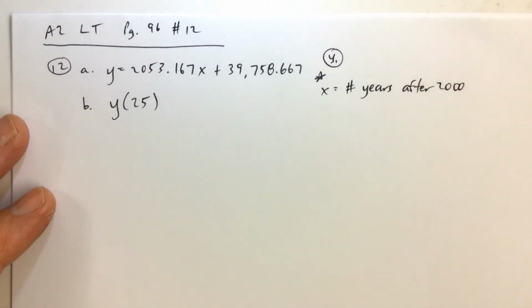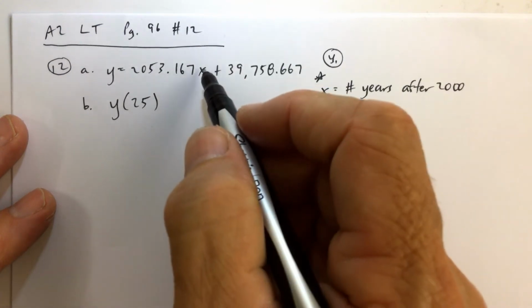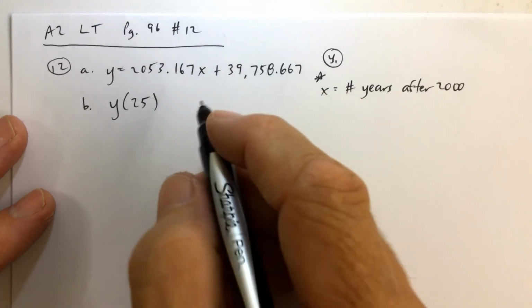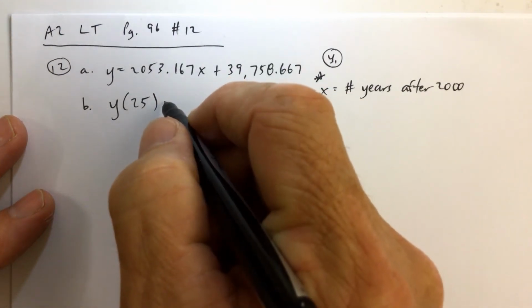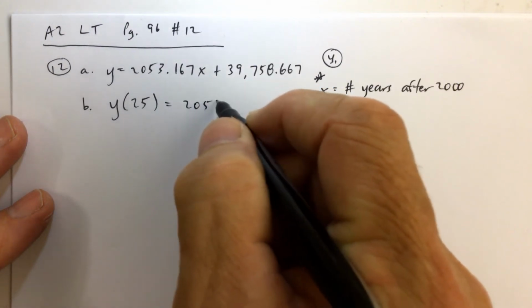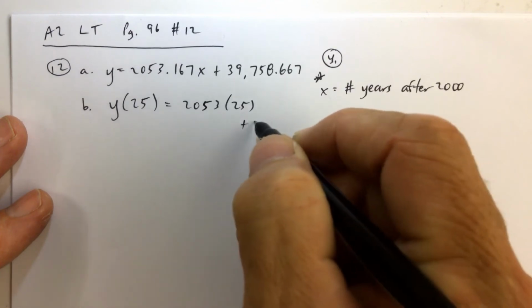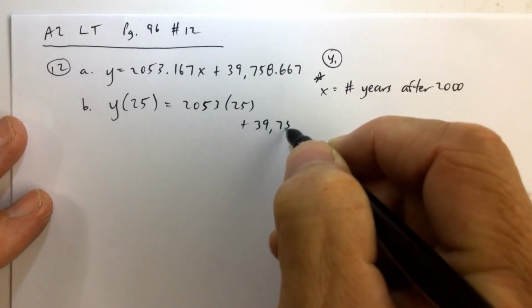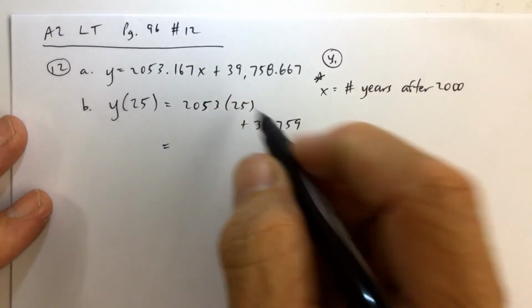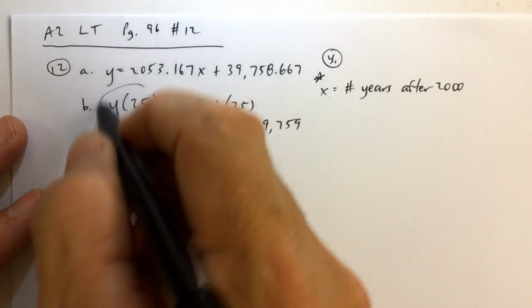In my calculator, I'm going to type in 25 for the year 2025. So Y of 25 is 2053, rounding to the nearest whole number, times 25, plus 39,759.